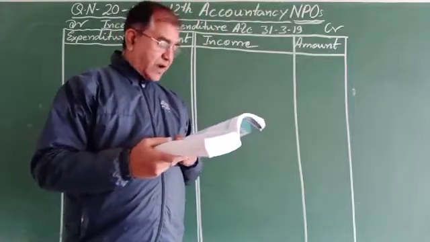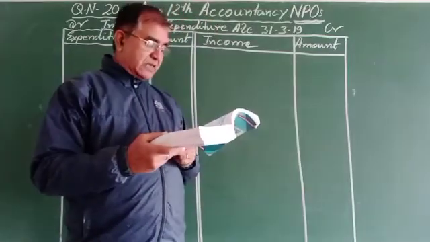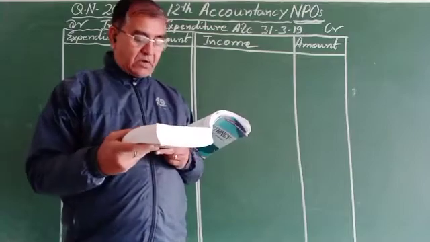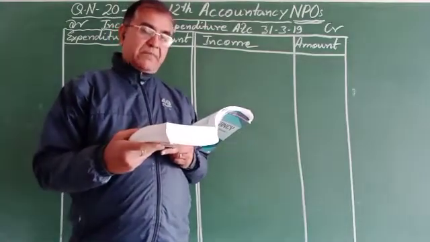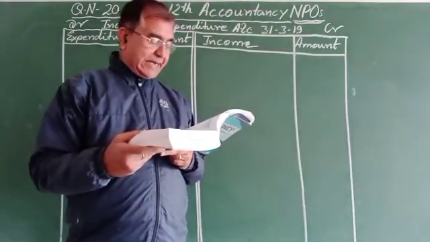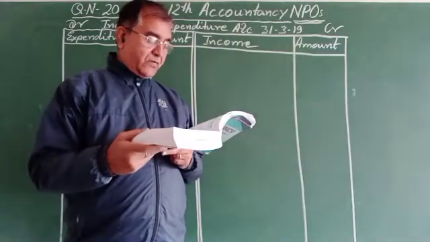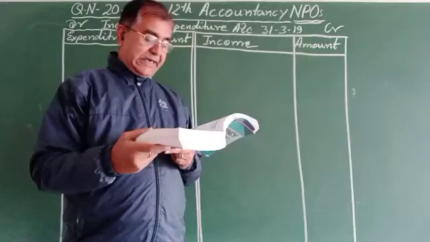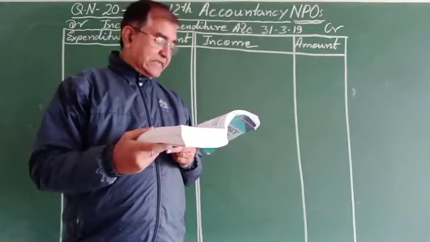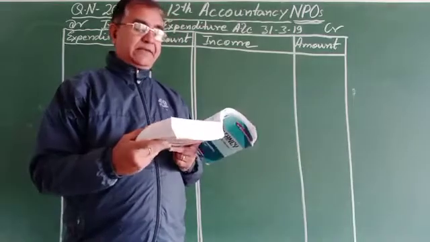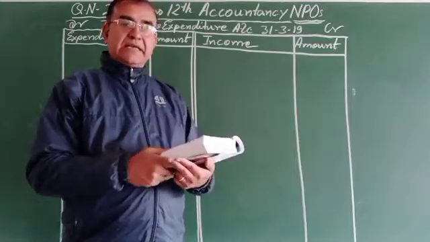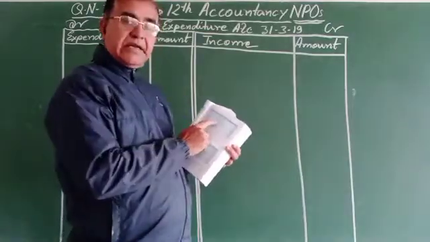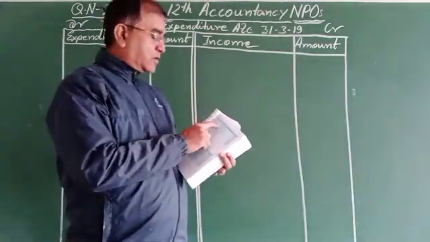From the following receipts and payments account of a club, prepare income and expenditure account for the year ended 31st March 2019 and a balance sheet as at that day. The information given, question number 20, you can see in your book.